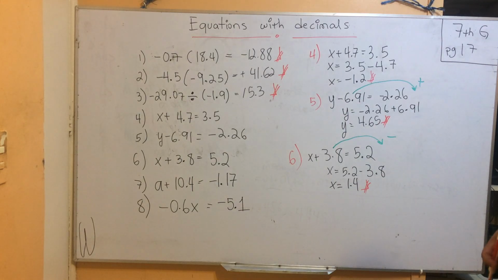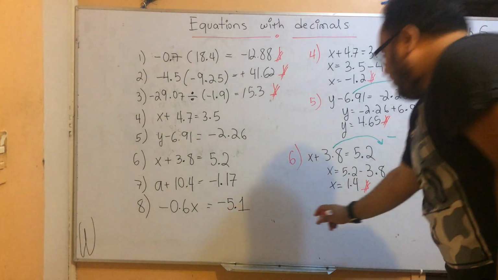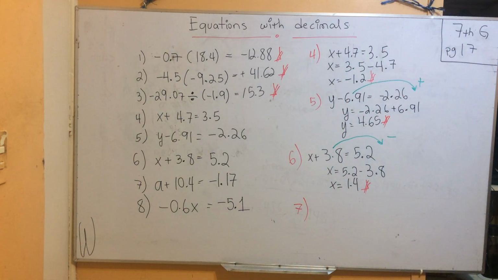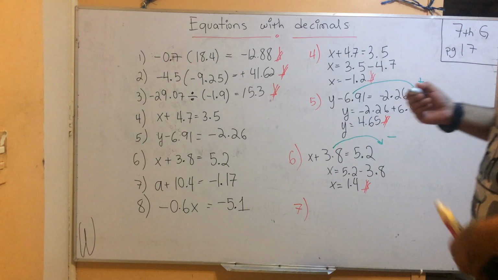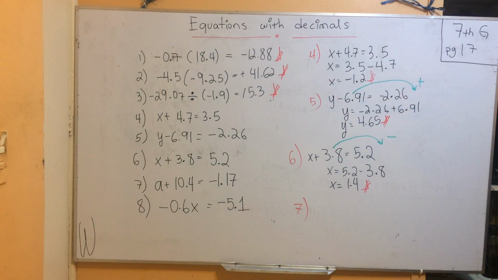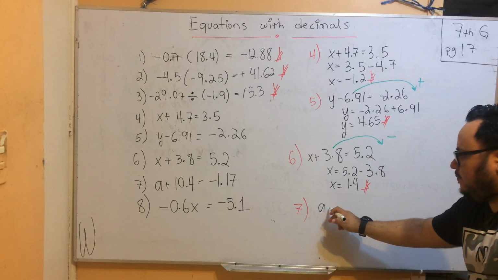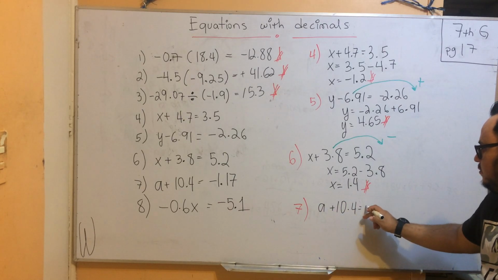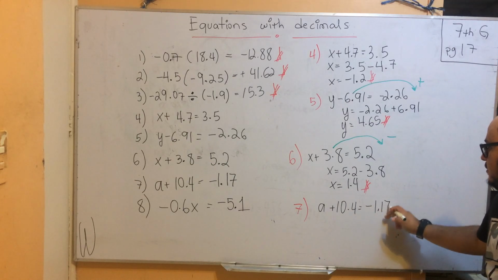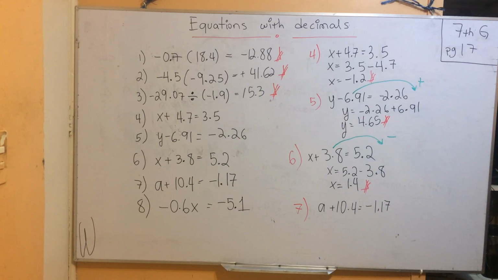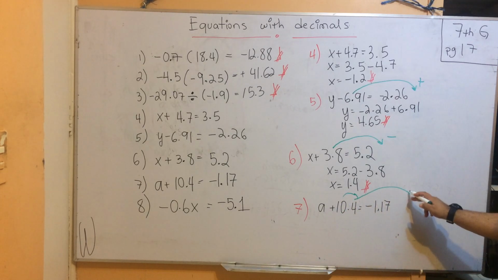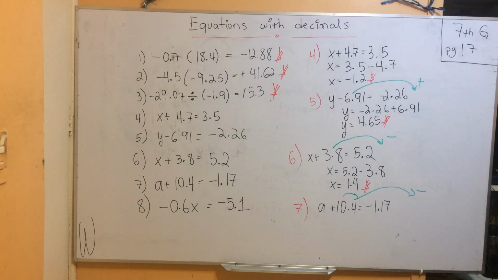I think we have space for number 7, and we'll work number 8 on this side. So, number 7. Number 7 says a plus 10.4 equals negative 1.17. So this number is positive. How do I switch it to the other side? Negative.